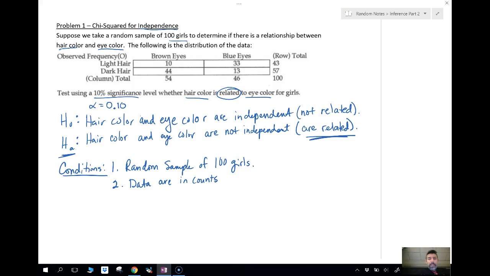Anyway, don't worry about that. All right, what's the third condition? Good. Expected values are equal to 5. Now, we can't just leave it at there.